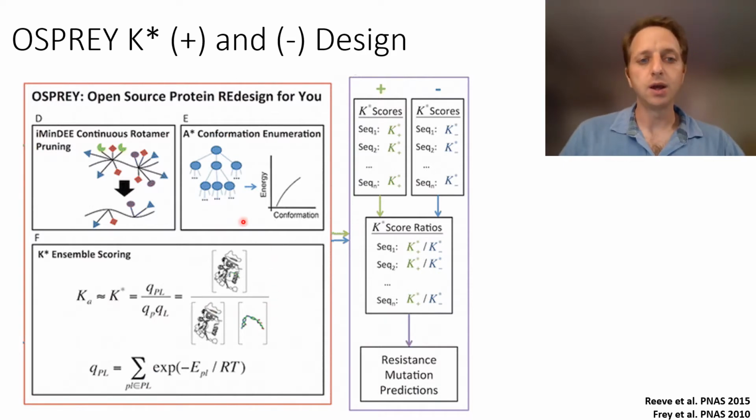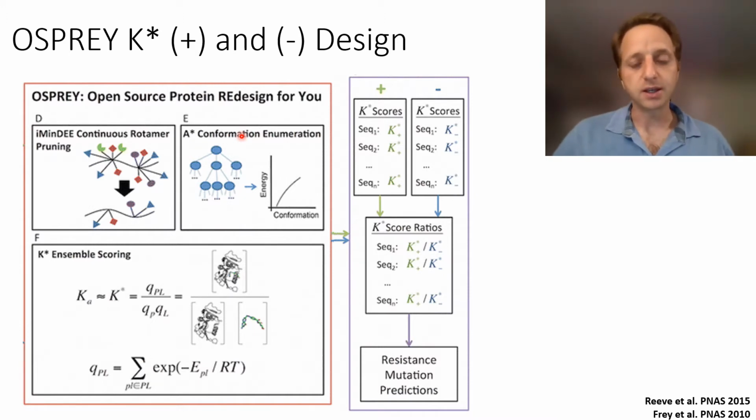It's able to compute these approximations using A-star conformational search, and this A-star search enumerates these molecular conformations in order of low energy. By choosing this particular ordering, K-star doesn't actually have to look at the entire molecular ensemble. In practice, it actually only looks at a very, very small fraction of the total molecular ensemble while still preserving provability in the approximation.